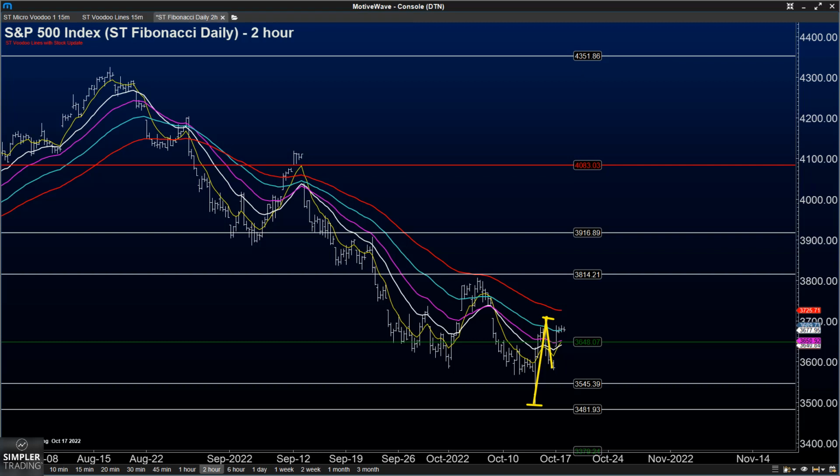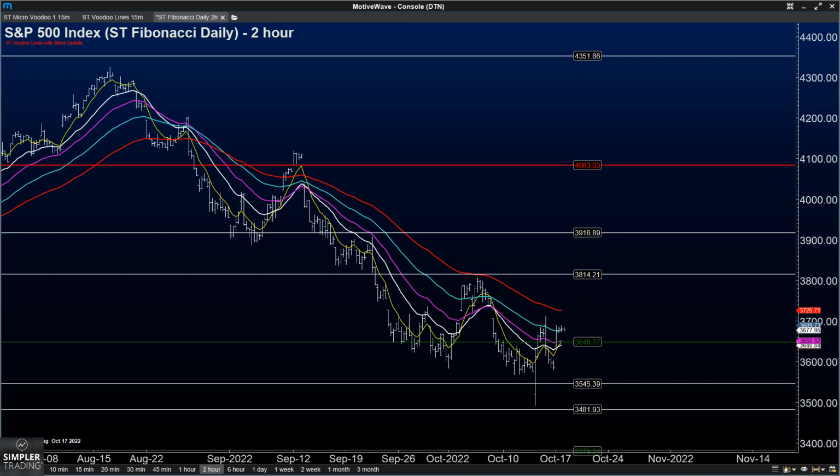But generally, if we're going to have a counter trend move, it's going to be a three-wave move from an Elliott wave perspective. Meanwhile, if we've got a larger counter trend bounce or even a trend move up, then we would expect this to turn more into a 1, 2, 3, 4, 5-wave move.